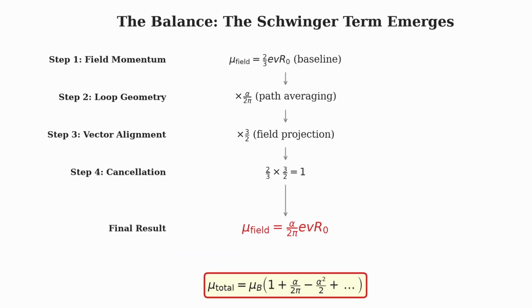So the funny thing is really then that the Schwinger term re-emerges this time as a positive correction. So we've got sort of a baseline, that field momentum, that formula that I showed you, the loop geometry, vector alignment. I'll go to my paper because that's related to that Abraham-Lorentz formula, the energy if you put a charge together.